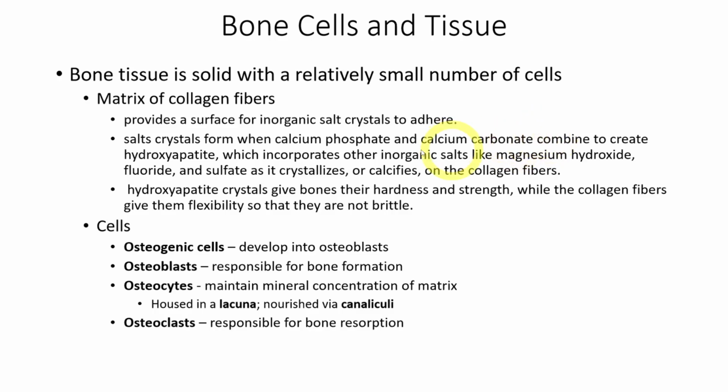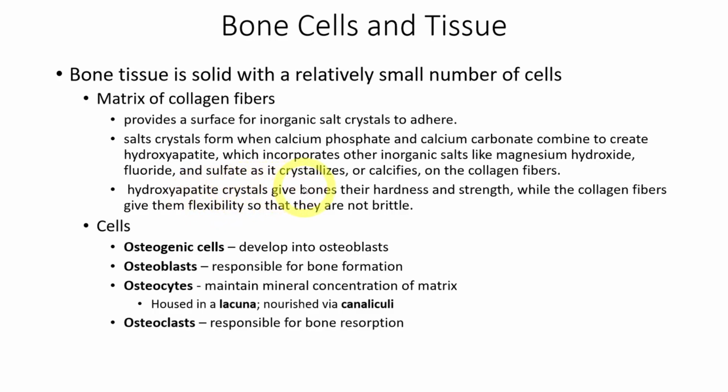They're combined to make a crystal of hydroxyapatite. There's also other salts in there like magnesium hydroxide, fluoride, and sulfate to make it extra tough, and to basically cover the collagen fibers with crystal armor.